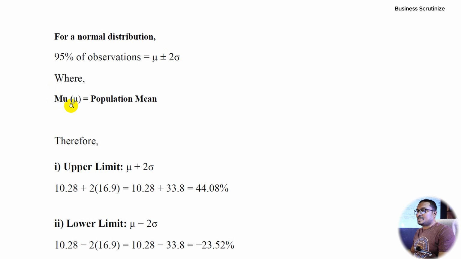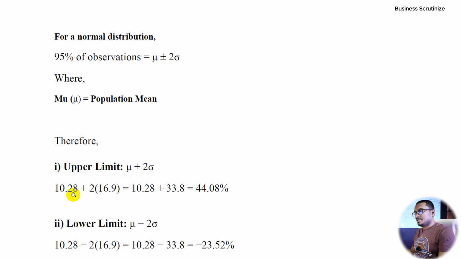As I have said, this symbol is called mu, the population mean. For the upper limit, we find the population mean plus 2 times sigma, and we will call it the upper limit.